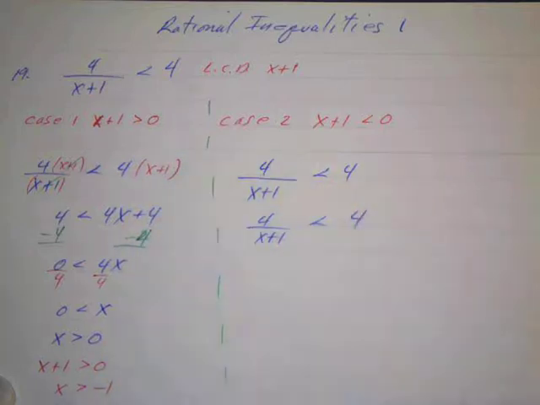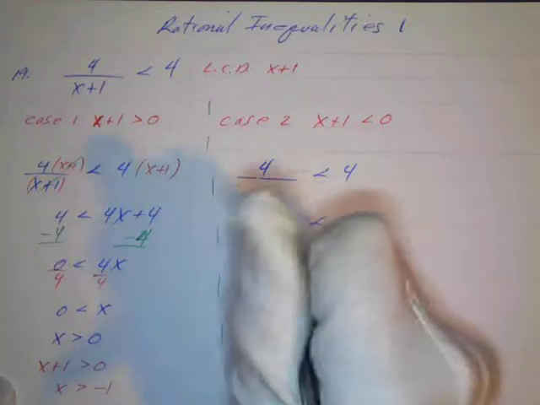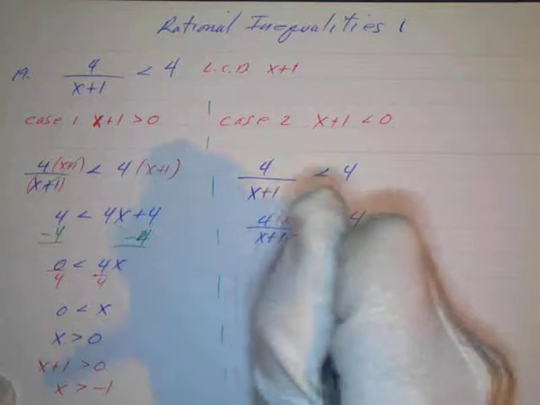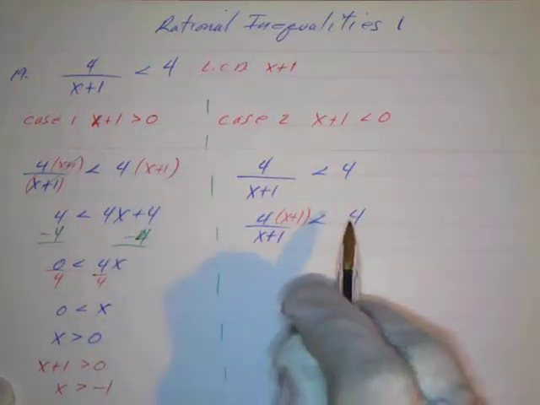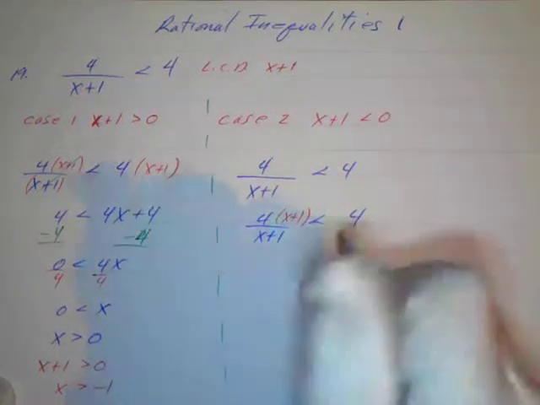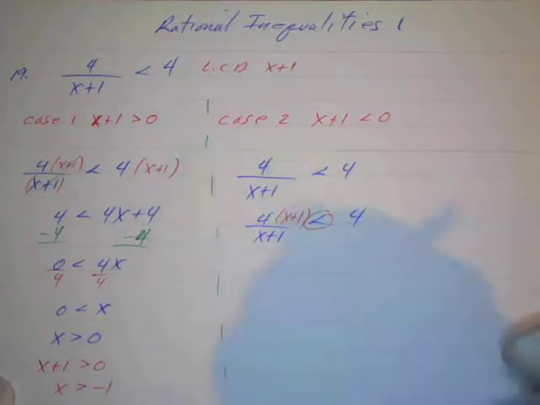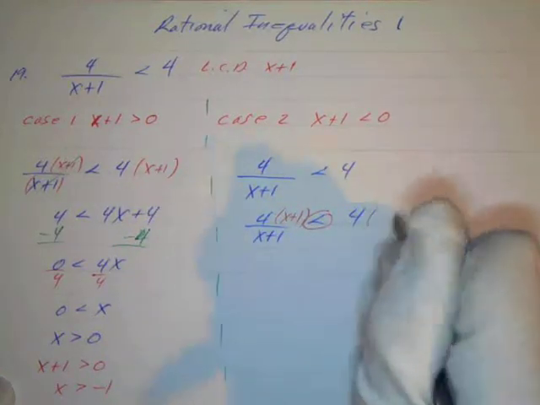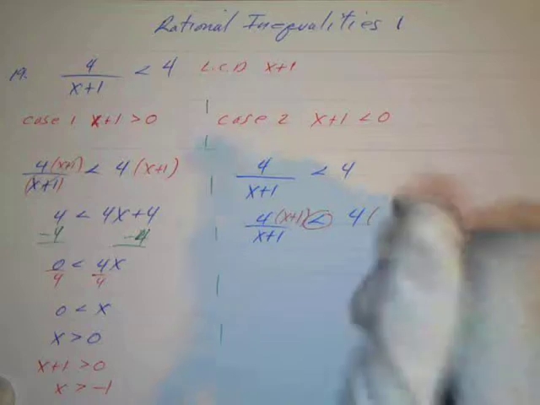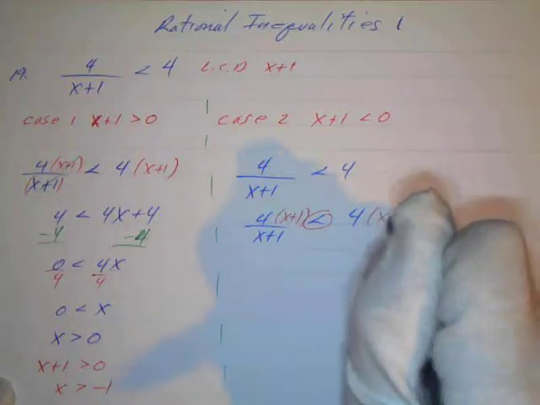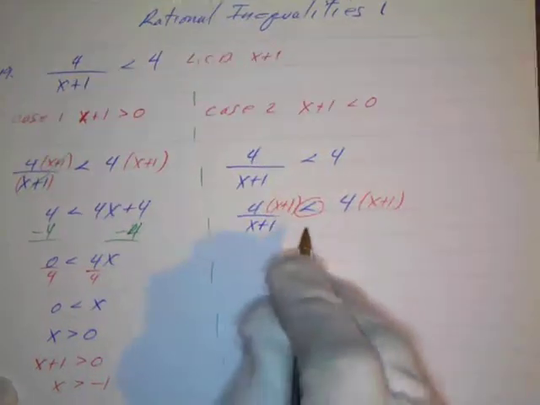And then I'm going to multiply both sides by the LCD, which is x plus 1. But remember we talked about this before. The little trick we use is that when I'm multiplying by a negative, I circle this as soon as I cross it, because I know the next time I write it, I'm going to have to reverse it because I'm multiplying by something that's less than 1. And x plus 1 is less than 1, so I have to reverse that direction of the inequality.